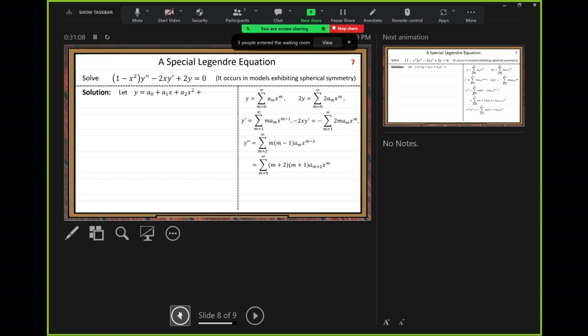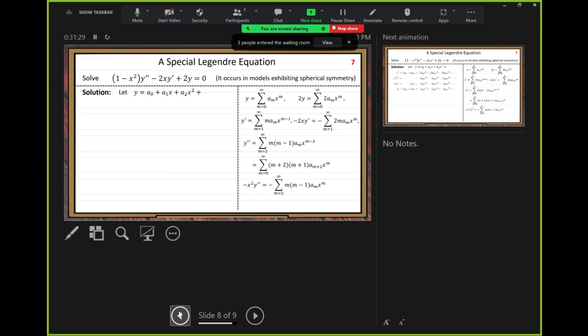Here, I do not know what kind of questions I can assign you, because usually the computation is relatively complicated. Then you multiply minus x squared.